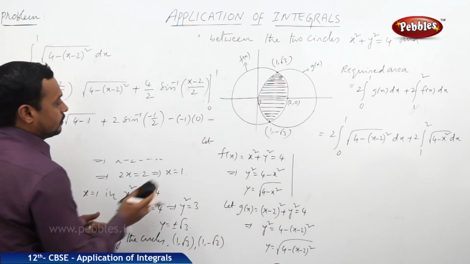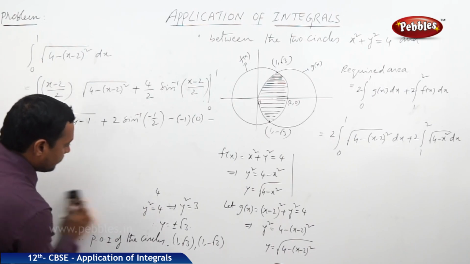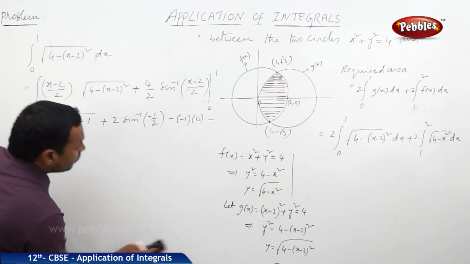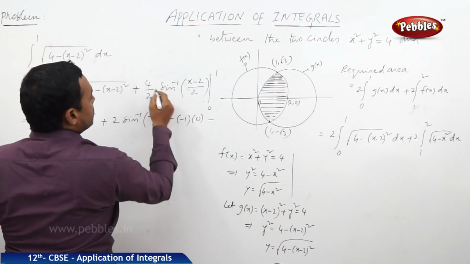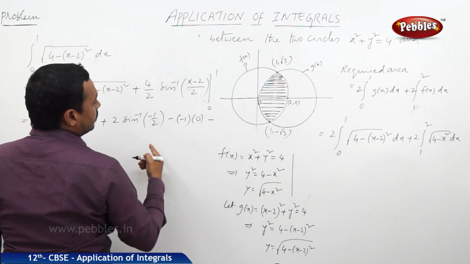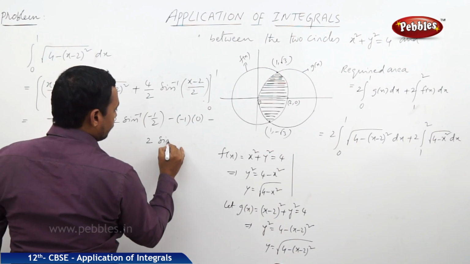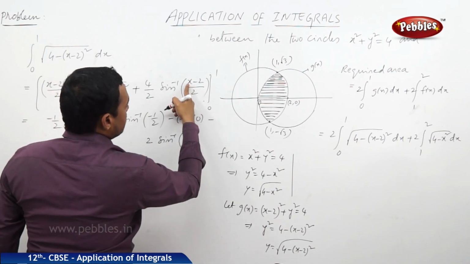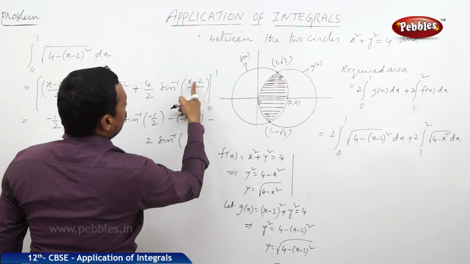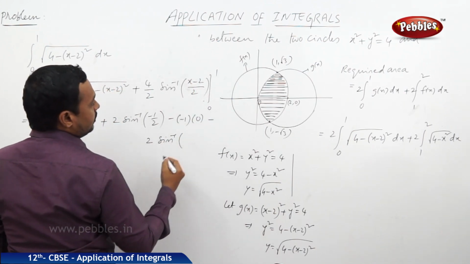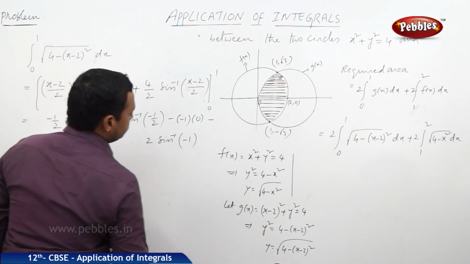Minus. Now, substitute 0 here. That is 4 by 2, 2 into sine inverse. While substituting 0, it is 0 minus 2, minus 2 by 2, that is minus 1.